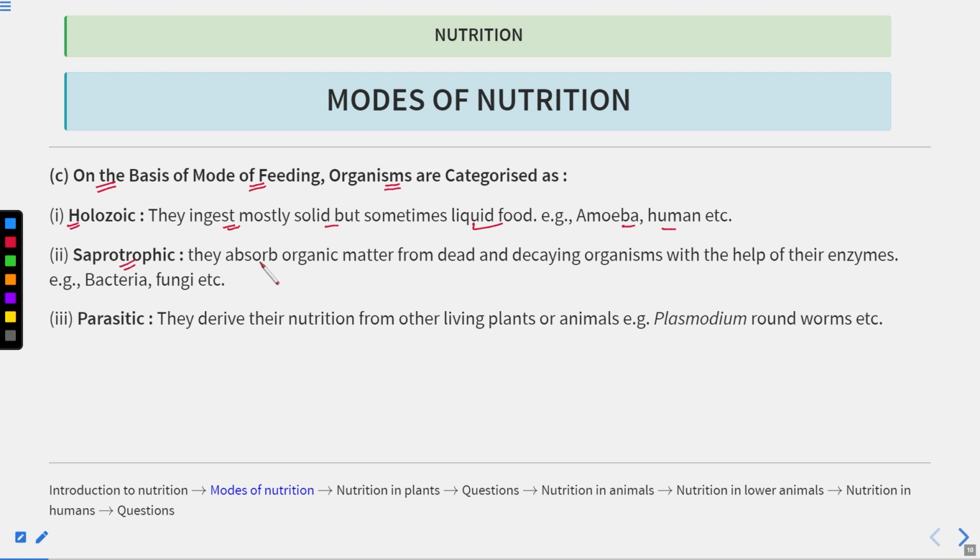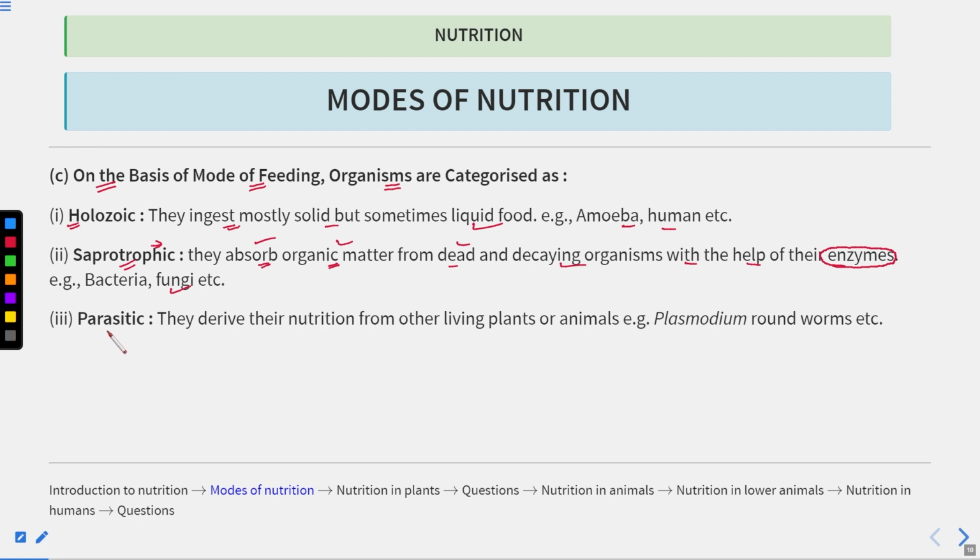Saprotrophic organisms absorb organic matter from dead and decaying organisms with the help of their enzymes, such as fungi. So mostly fungi are saprotrophic. They secrete certain enzymes that help them absorb the dead and decaying organic matter. So these organisms are known as saprotrophic organisms or saprotrophs.